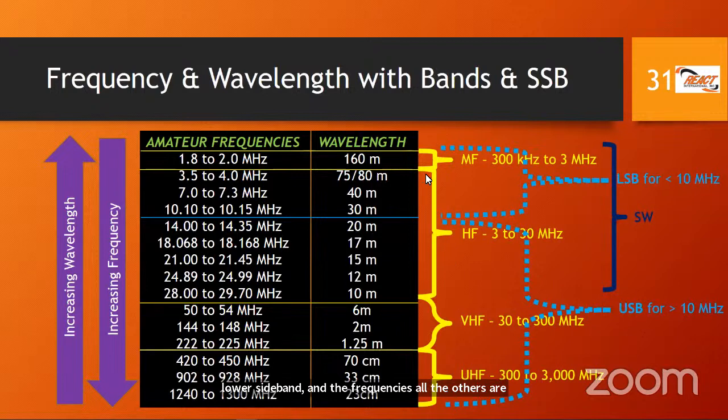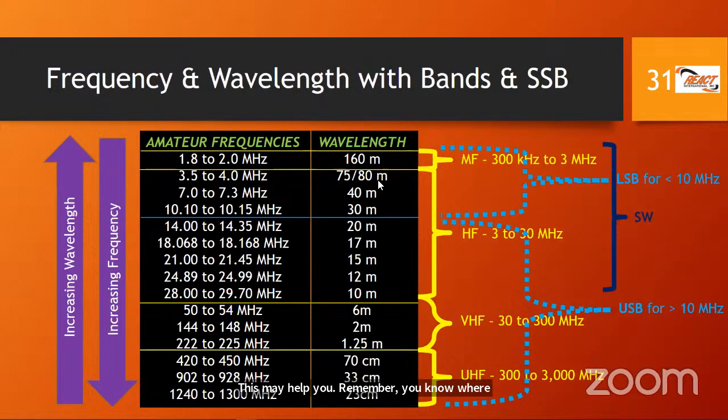That's the convention. So once you can learn that 10 megahertz and below, or 30 meters and below, is lower sideband, and everything above 10 megahertz, or above 20 meters, will be upper sideband. So we just kind of put this in. This may help you remember where to use USB, where to use lower sideband.